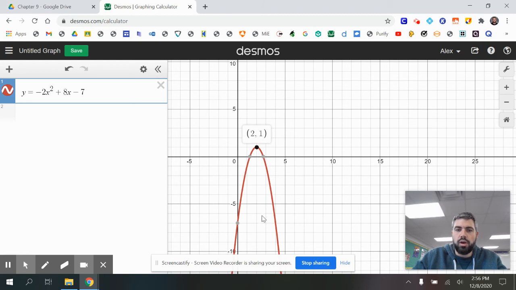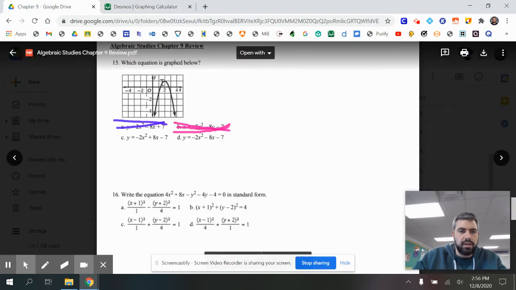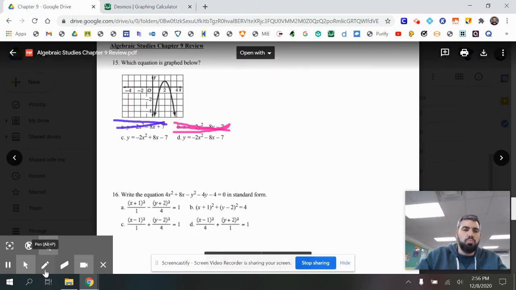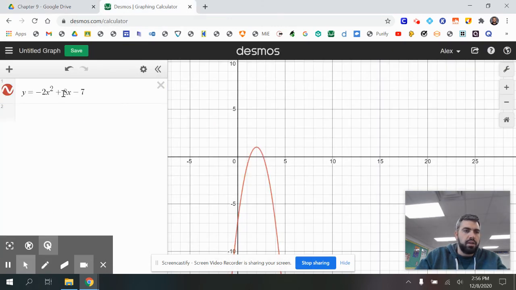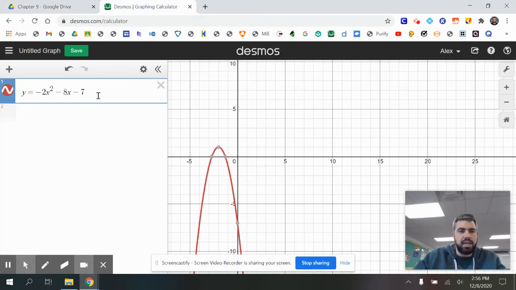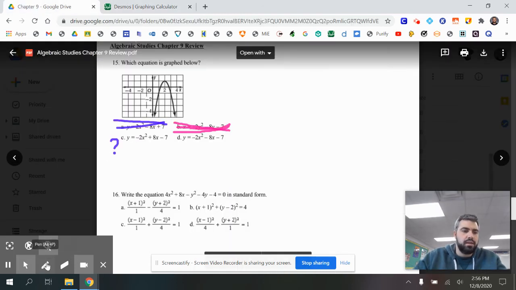We see the point (2, 1) on it. Okay, so if I look at it, yep, (2, 1) is a point on it. So it's most likely going to be C. So I'll put a little question mark by C. Now let's check out D, just to make sure that we are correct for sure. So change this to -8. Oh, and that one is (-2, 1), so I know for sure it's got to be C.